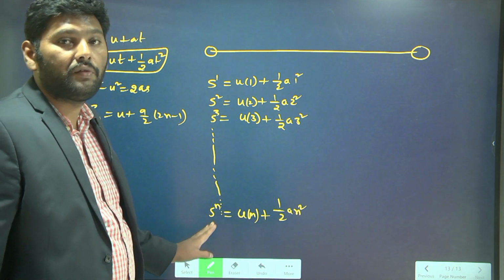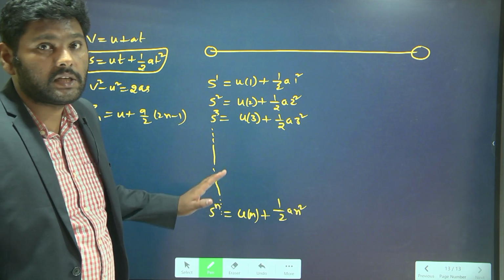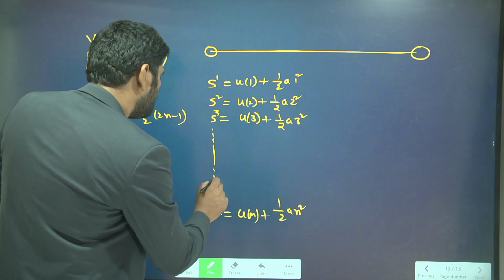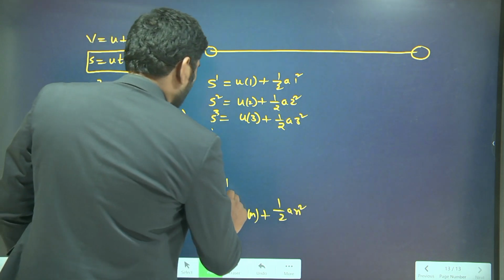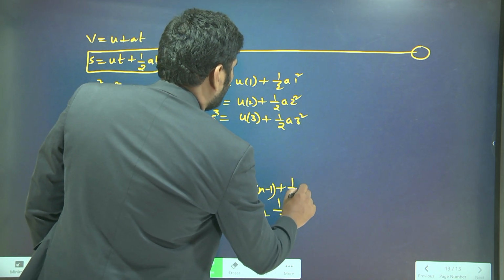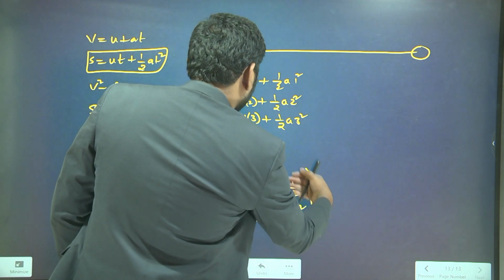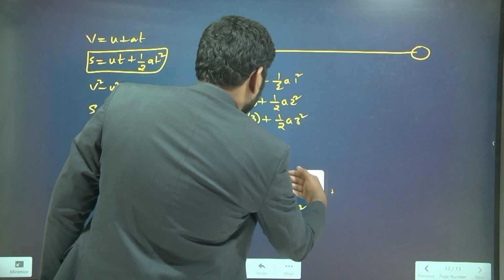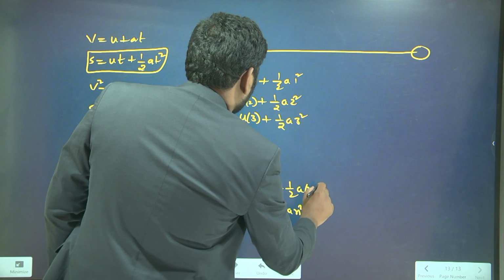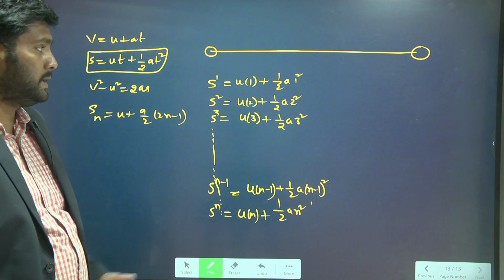This is the equation for the distance traveled in n seconds. Now, what is the distance traveled before 1 second? Sn minus 1 is equal to u of (n minus 1) plus half a (n minus 1) whole squared. This is the way we define the distance traveled up to 1 second before.